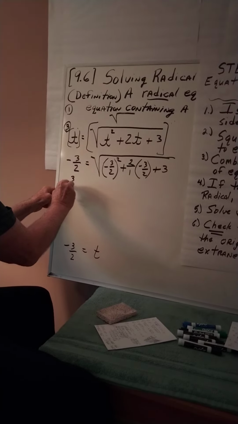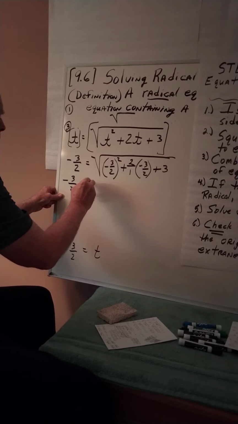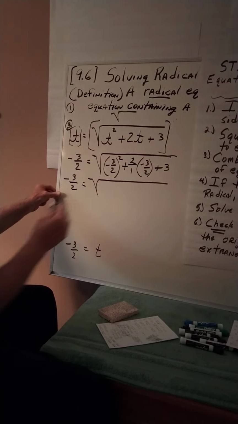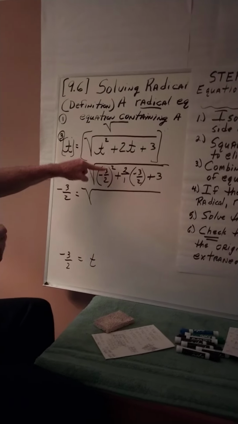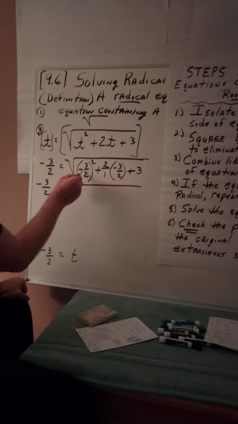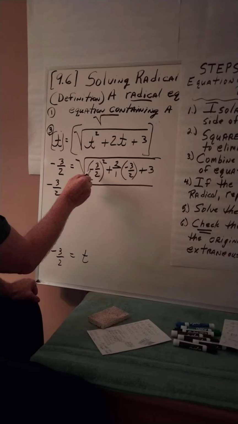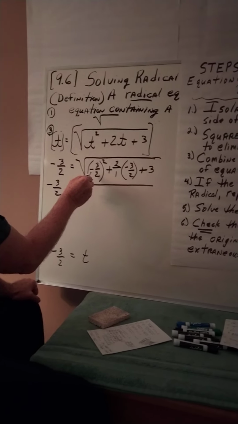I'm going to bring down that negative 3 over 2 and that equal sign. Then I'm going to bring down that radical. And let's start simplifying this. A negative 3 over 2 to the second would be negative 3 over 2 times negative 3 over 2.